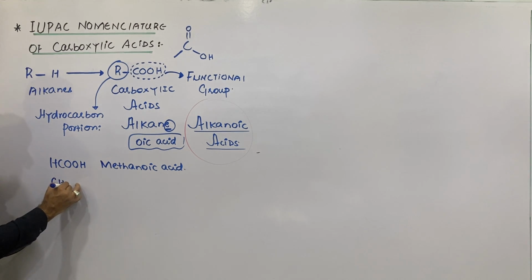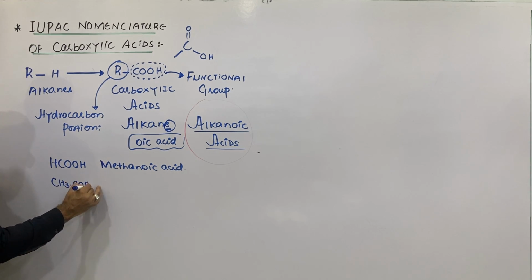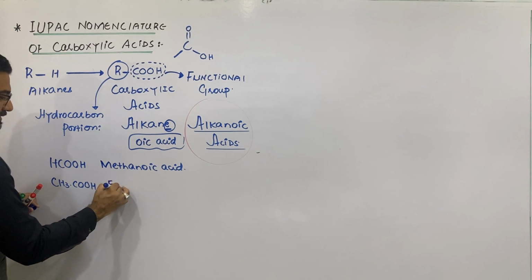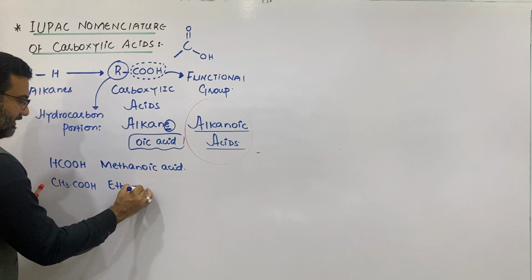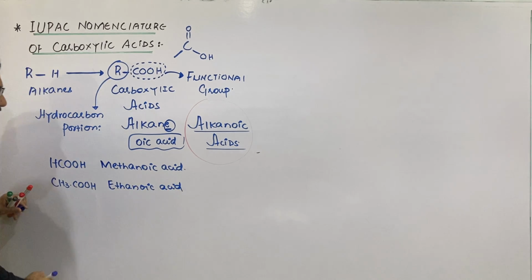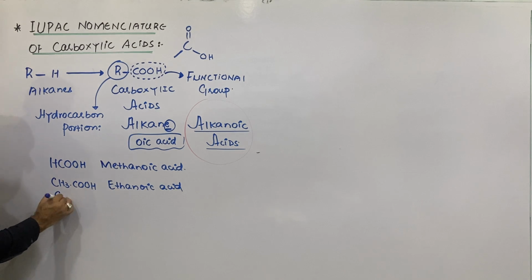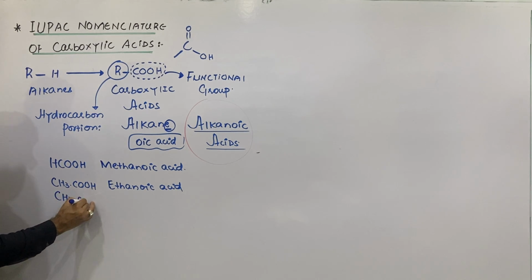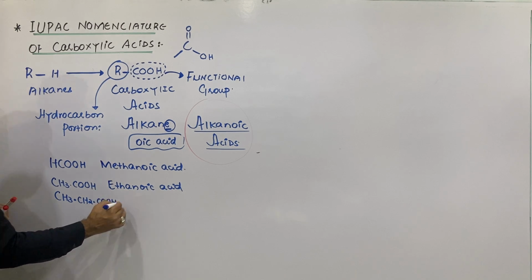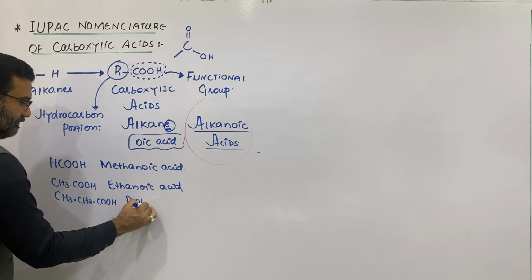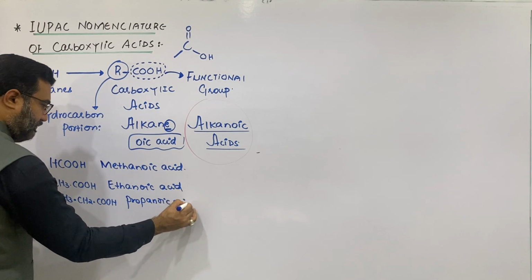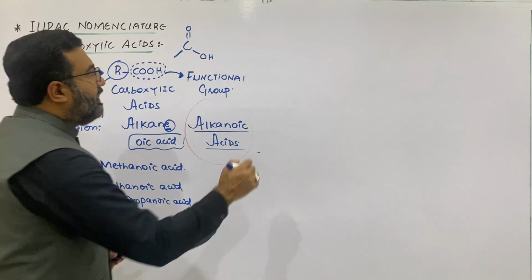Similarly, the carboxylic acid with two carbon atoms, after ethane, its name will be ethanoic acid. And the carboxylic acid with three carbon atoms, after propane, will be called propanoic acid.